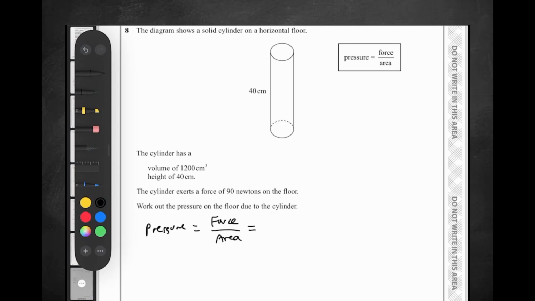And we're told the force is 90 newtons over area. And we know that the area is going to be the volume divided by the height. Luckily, we are given the volume and the height of the cylinder. So the area is going to equal 1200 divided by 40.